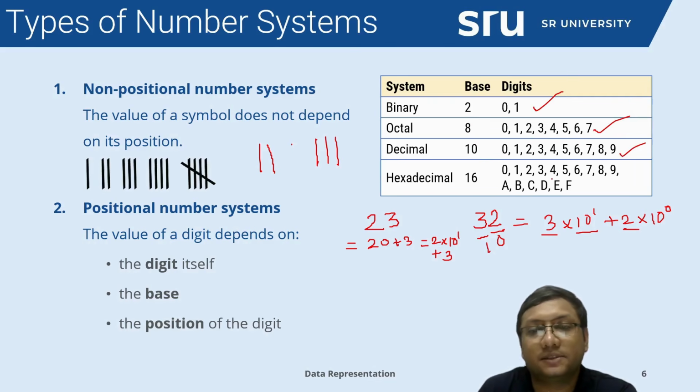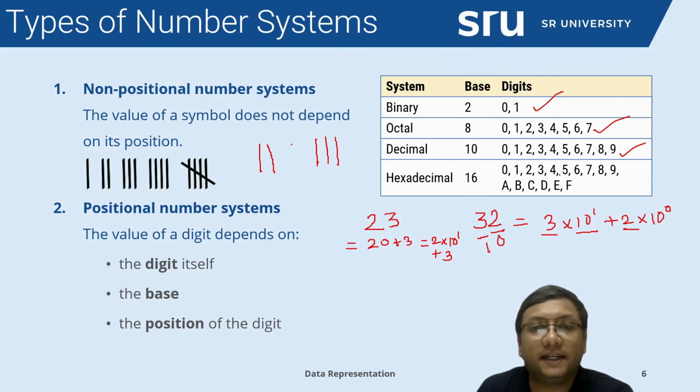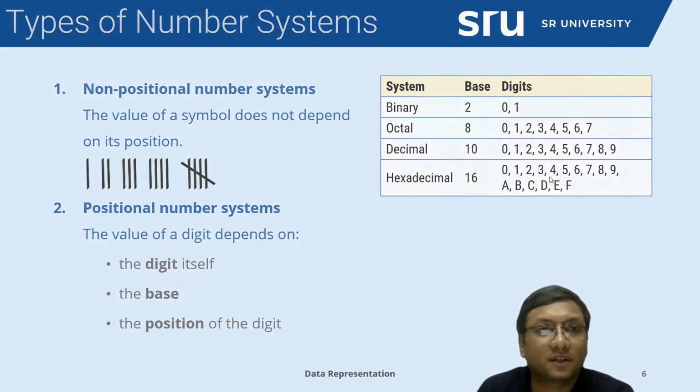And for hexadecimal, the base is 16 and the allowed digits are 0 to 9 and A, B, C, D, E, F, which are nothing but 10, 11, 12, 13, 14, 15. We will discuss hexadecimal and octal later, so today's focus is only on binary and decimal.